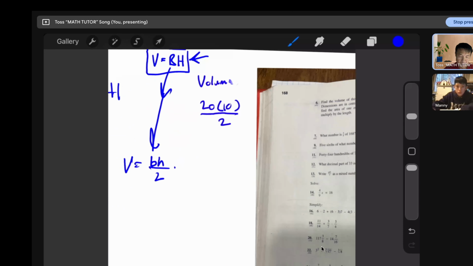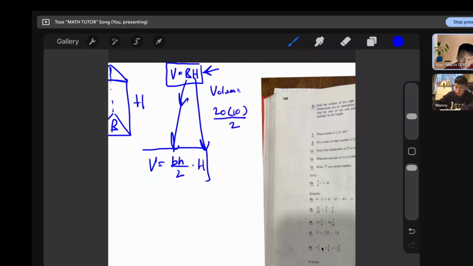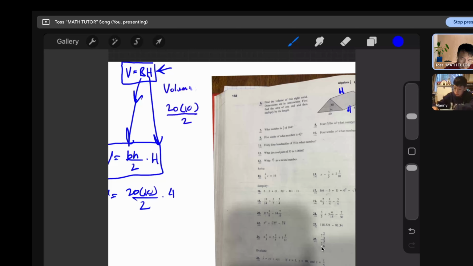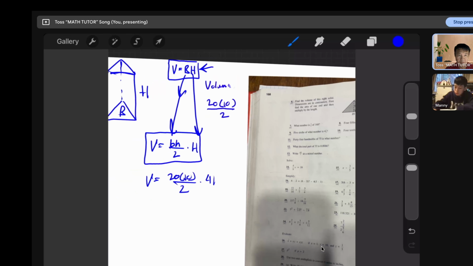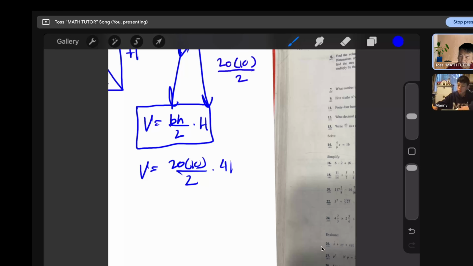Do you remember this? I'll be consistent with that height right there. So it'll be what you said, 20 times 10 divided by 2 times 41. You see it? Yeah. Okay, now we can do cross canceling.